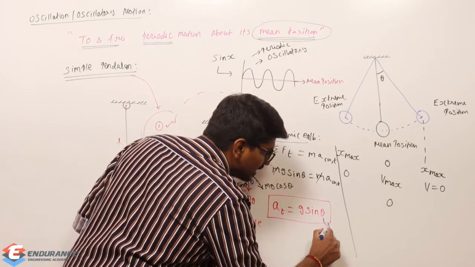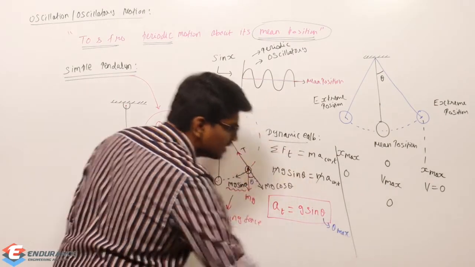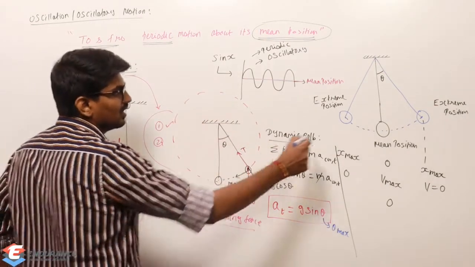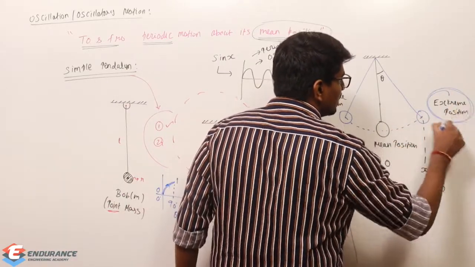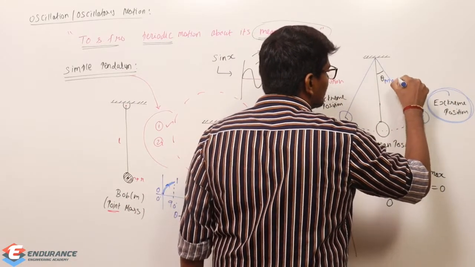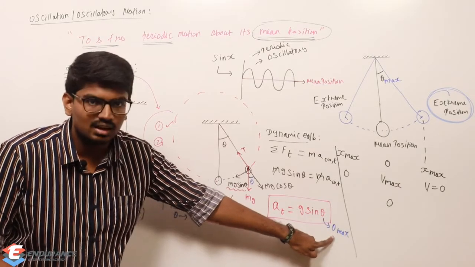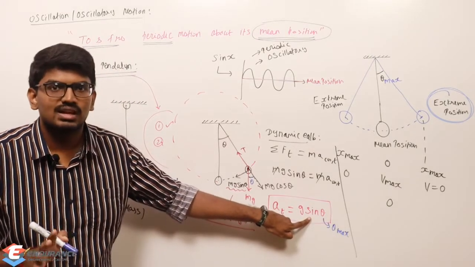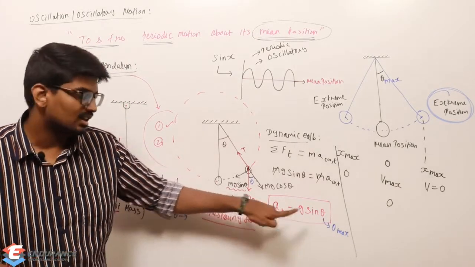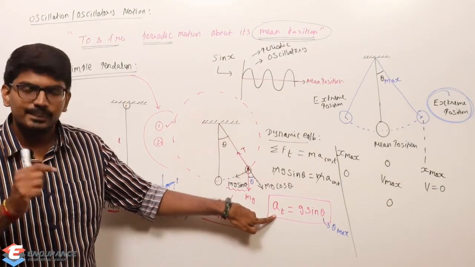What if my theta reaches theta max, the maximum possible? When will theta be theta max? When we are in the extreme position. So when I have maximum theta, my sine value will also be maximum, I will have maximum sine theta, so my acceleration will also be maximum.